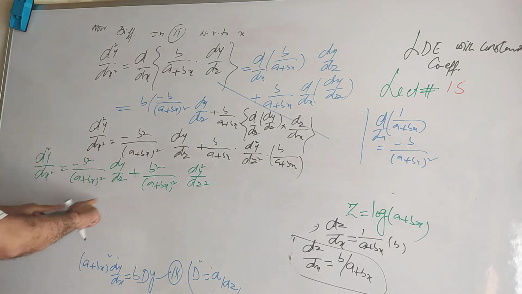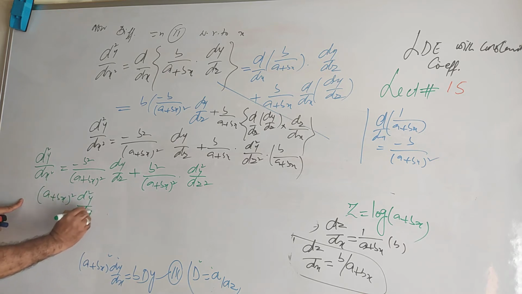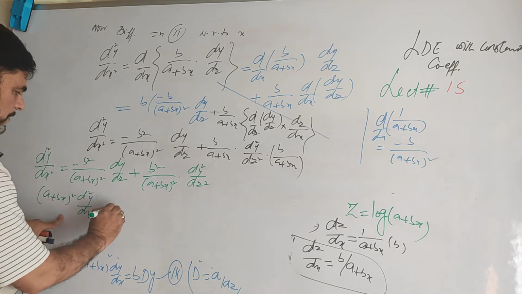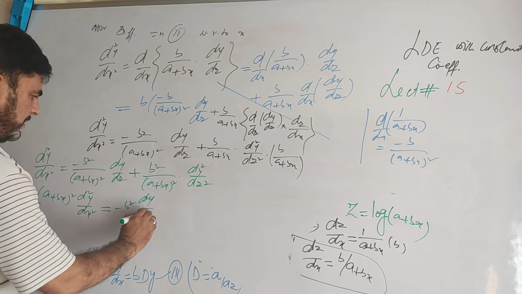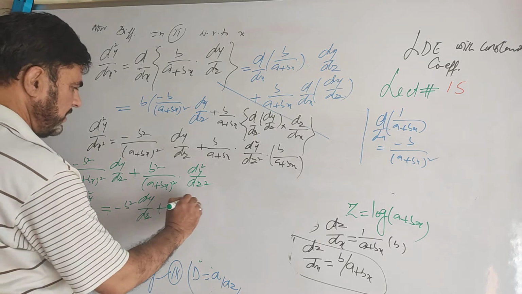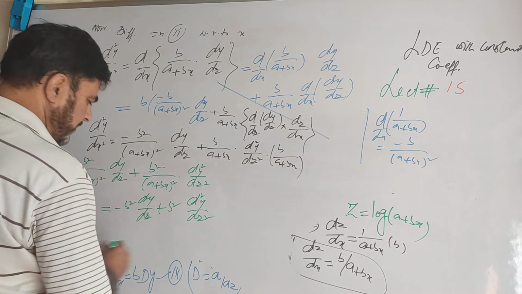Now multiply both sides by (a plus bx) square. This will be here (a plus bx) square d2y by dx square is equal to minus b square dy by dz plus b square d2y by dz square.